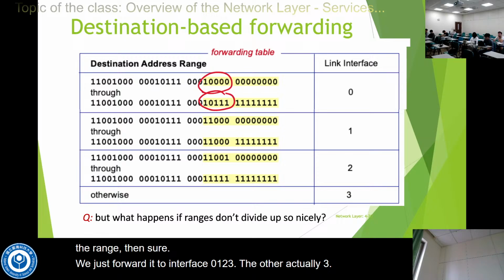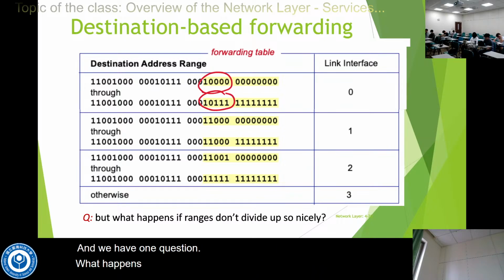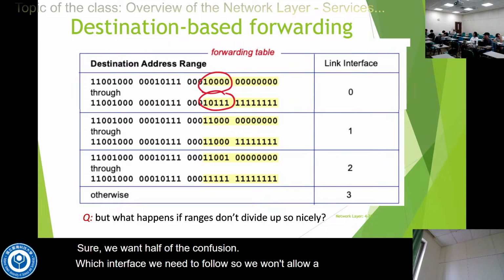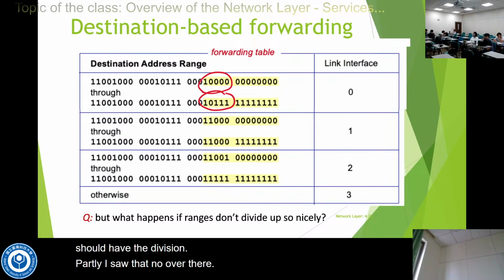And we have one question. What happens if the ranges don't divide up so nicely? Sure, we will have confusion about which interface we need to forward to. So we won't allow a situation like that. We should have the division done properly so that there is no overlap. Otherwise, we may have overlapping ranges of addresses.